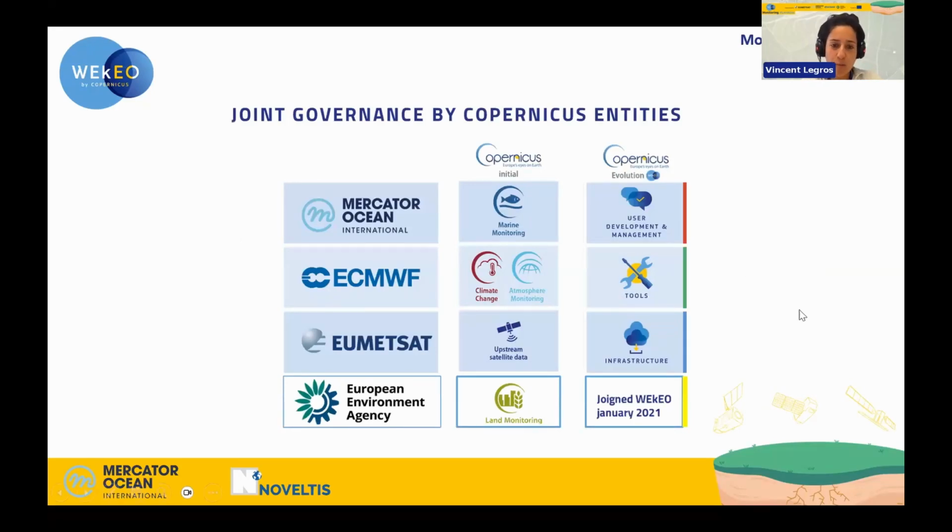WEkEO is operated by the different entities that are entitled to manage the different Copernicus services. If you haven't heard of Copernicus, it's a European Union's program dedicated to Earth observation and to monitor the Earth. We have different entities that are responsible for the different services.